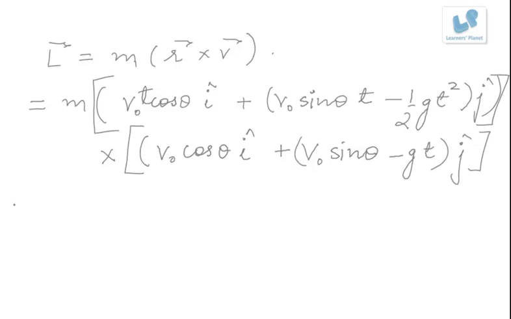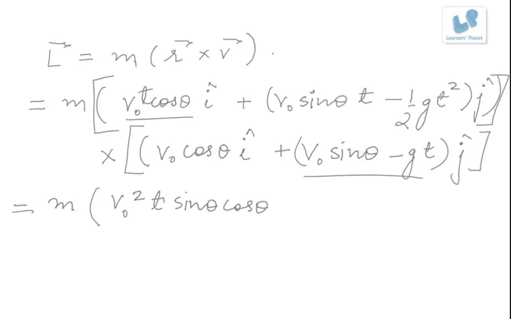So we have to take the cross product of this vector, that is r, with the v vector. If you do the cross product, the coefficient of i cap will multiply with this, and i cross j is k, so you will get m times v naught t cos theta into v naught sin theta minus gt, which becomes v naught square t sin theta cos theta minus v naught gt cos theta, times k cap.